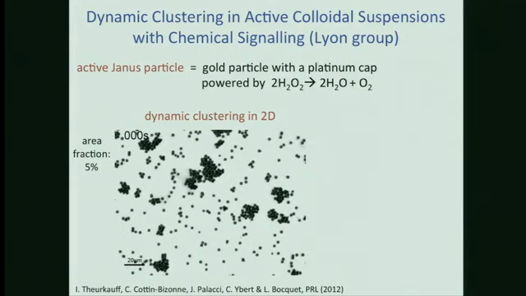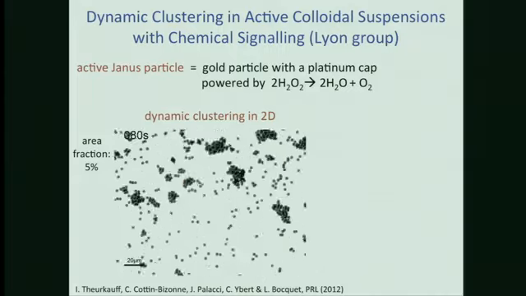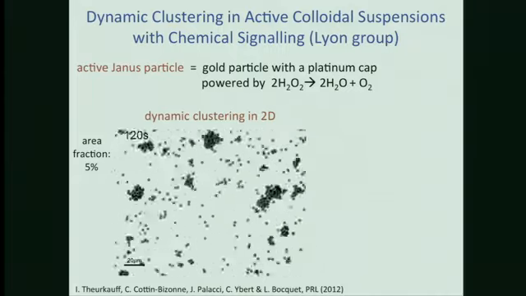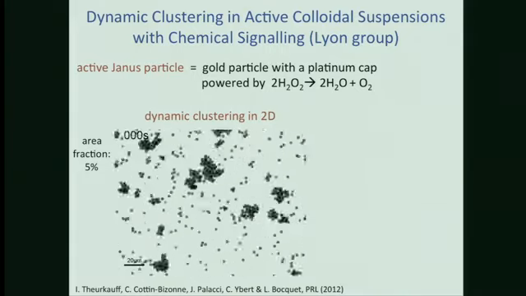So they have active particles, that means gold particles with a platinum cap, and these particles are powered by this reaction where hydrogen peroxide is split into water and oxygen, and then by some phoresis mechanism these particles start to swim. What the Lyon group has, for example, looked at is low volume area fraction, so the particles basically sit close to the surface, so that you have a two-dimensional system.